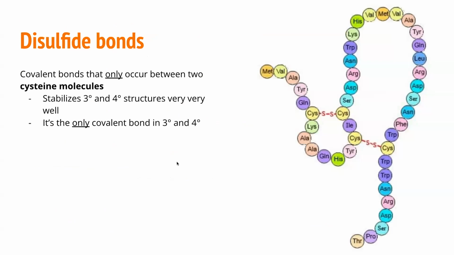Okay, so we're talking about the tertiary structure. This is just to reiterate, these are very, very important. They only happen in cysteines. Disulfide bridges are extremely important, and I know it sounds like I'm just trying to hammer this at you. I really am. This is very important. It is the only covalent bond.